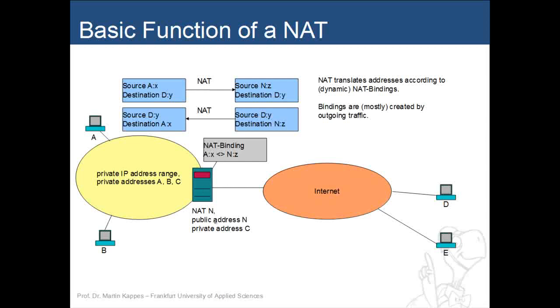So if something contacts N here on, let's say, port 80, there needs to be a specific rule already specifying where to forward the traffic, namely to here or to here. And if I don't set up any of these rules, the NAT is basically not going to allow anything in. So basically it blocks effectively all incoming traffic unless I'm poking a hole into the NAT myself.